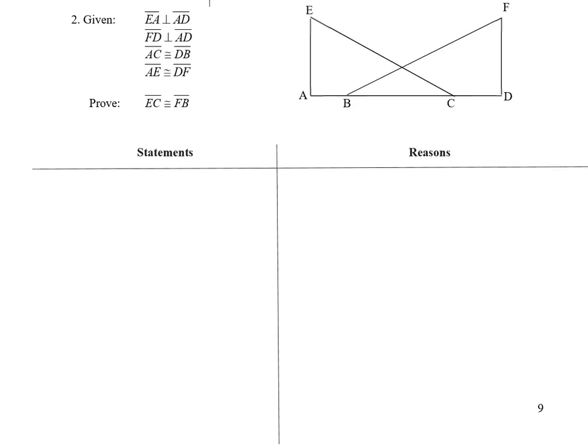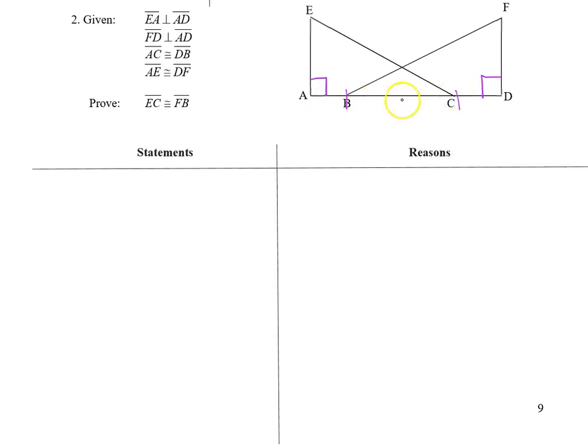Alright, next one here. I've got EA perpendicular to AD and FD perpendicular to AD, so I'll mark those in my picture. I've got AC, so this whole segment, congruent to DB, so this whole segment. Okay, and notice I'm using these curly brackets to show the whole segment, because what I don't want is for you guys to do something like this, because that's kind of ambiguous.